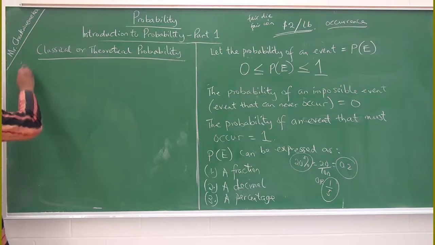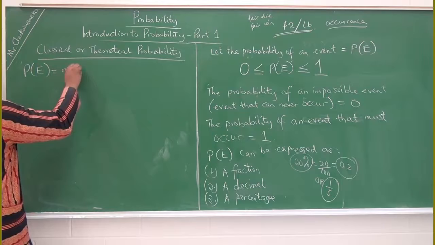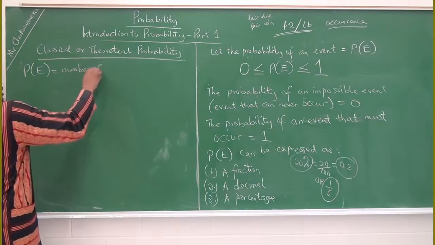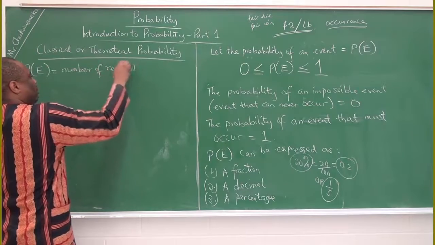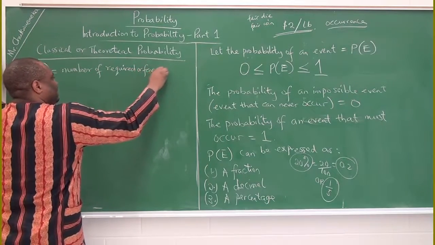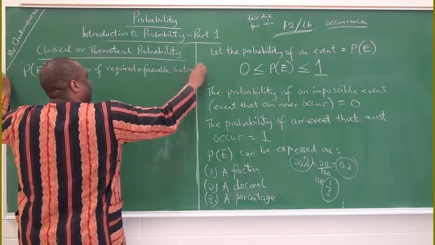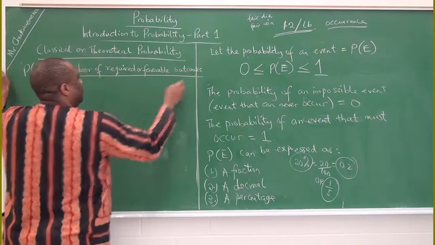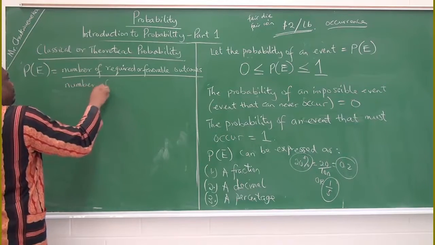So in this case, the probability of the event is the number of required outcomes, you can say required or favorable outcomes, that is successes, all over the number of possible outcomes.